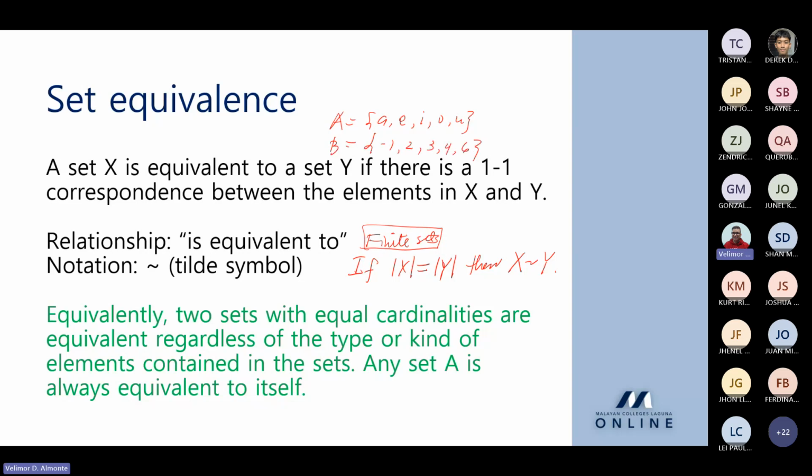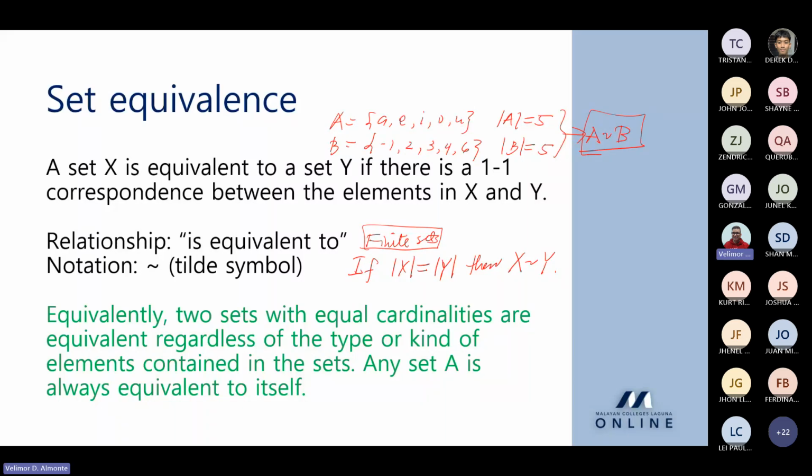They don't have to be consecutive, they can be random numbers. But if I count the number of elements in A, the cardinality of A is 5, the cardinality of B is 5. So if they have the same cardinality, then you say that they are equivalent. A is equivalent to B.